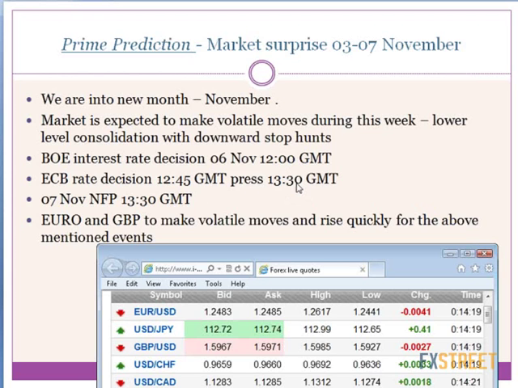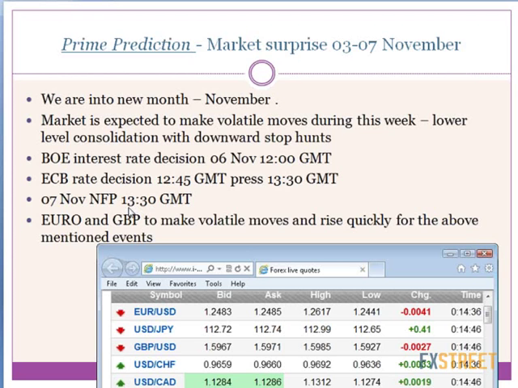So they are the trigger times. And on 7th, Friday, the non-farm payroll is there by 13:30 GMT. And from now on, it will be 13:30 GMT till March, because in the US also the daylight saving system went off from yesterday. So afterwards, the European US session will start by 14:30 GMT.